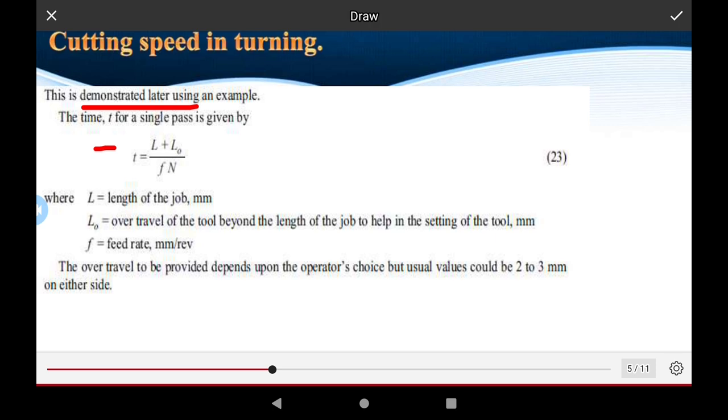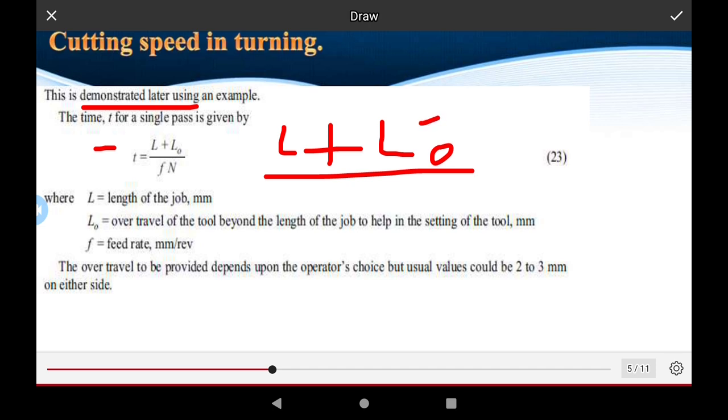To find T, L is the original length, L naught is the total length of travel of the tool, F is the feed rate of the tool in mm per minute, and N is the number of rotations of the workpiece. L is the length of the job, and L naught is the travel of the tool.